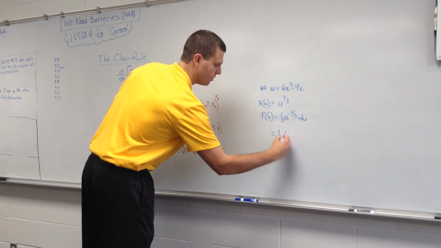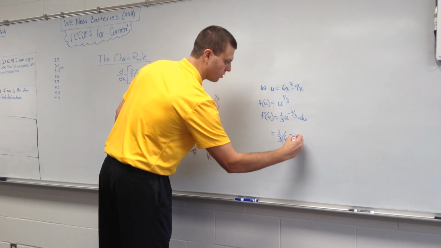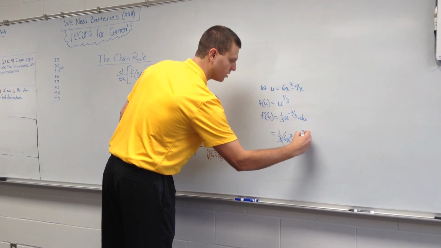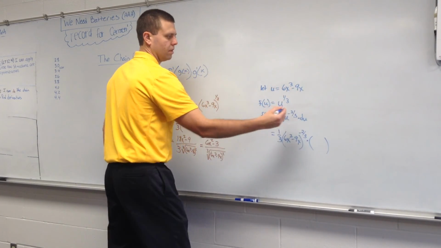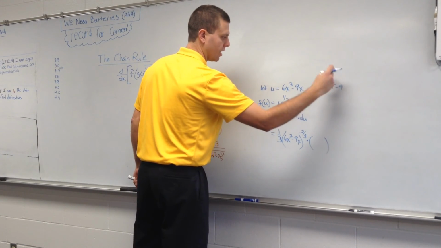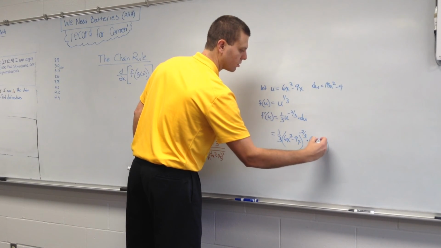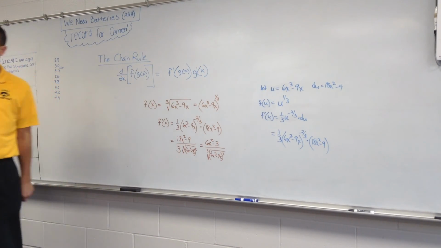So 1/3, replace u with what you set it equal to, 6x to the 3rd minus 9x, raised to the 2/3 power, times the derivative of u. The derivative of u would be 18x squared minus 9, so 18x squared minus 9 would go right there. And you got to the same place as we did here.